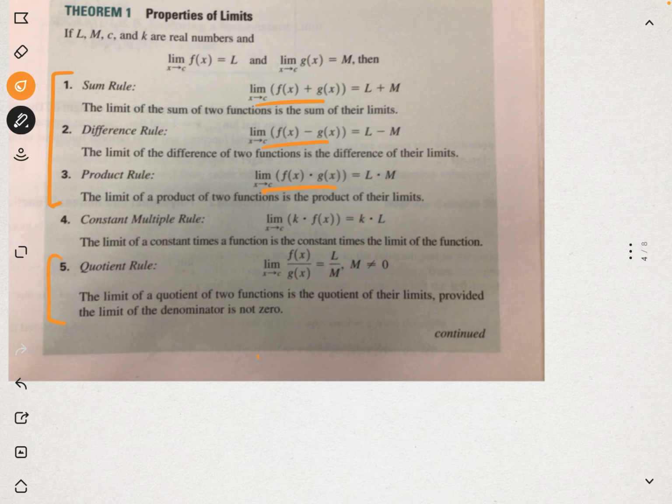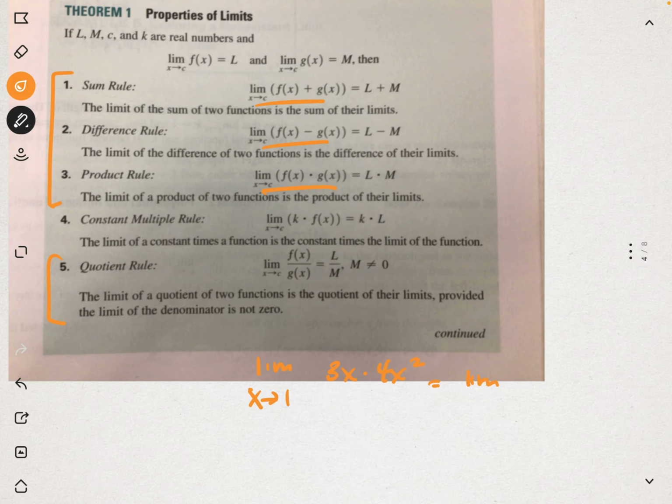So if I'm taking the limit, as x approaches 1, of 3x times 4x squared, for example, then we can take the limit separately.